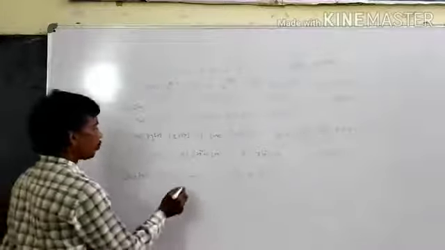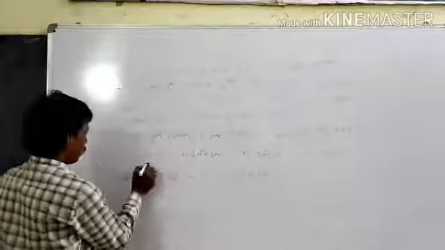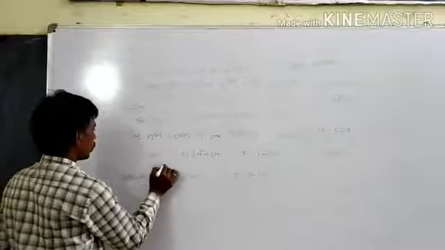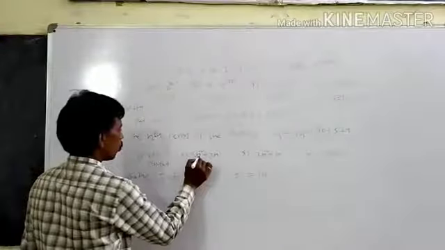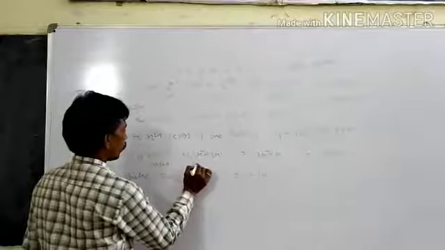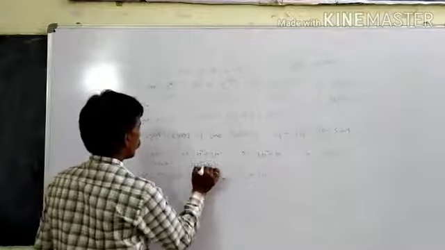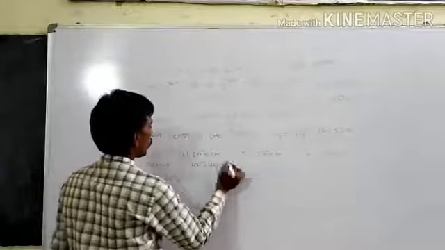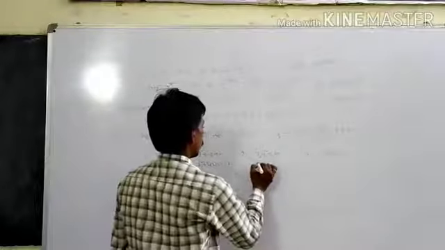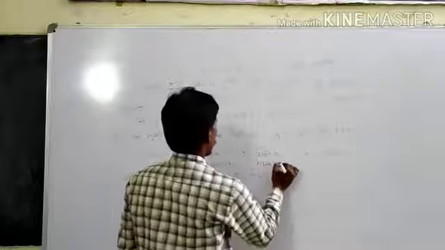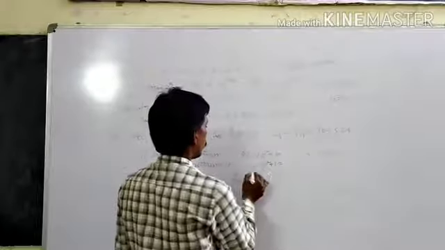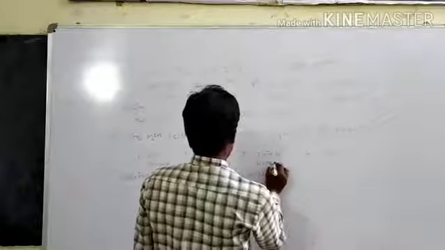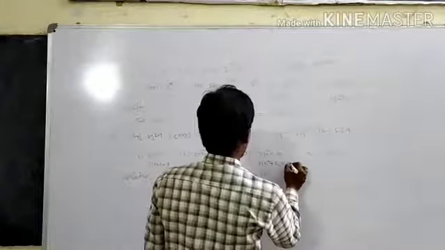Now 5 into 2 minus 1, that is 9. 2 square plus 2 into 2: 4 into 2 is 8, 8 plus 4, 12. 3 into 2 square plus 1: 4 into 3 is 12, 12 plus 2, 14.